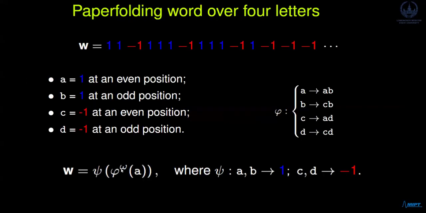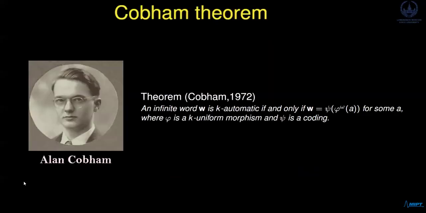For example, here it would be 2-uniform because A is substituted by two letters, B by two letters, C by two letters, and D by two letters.